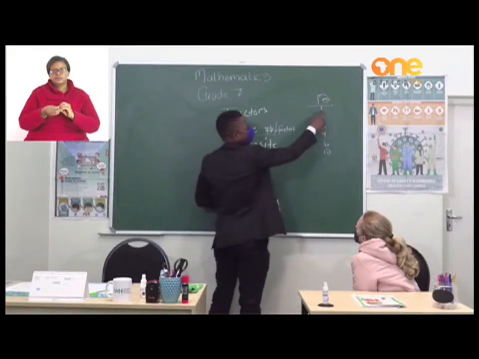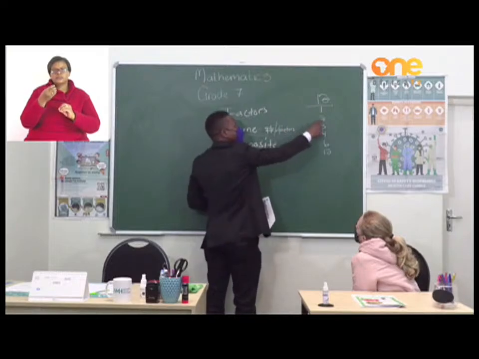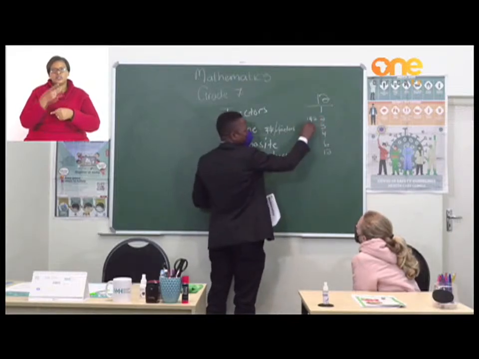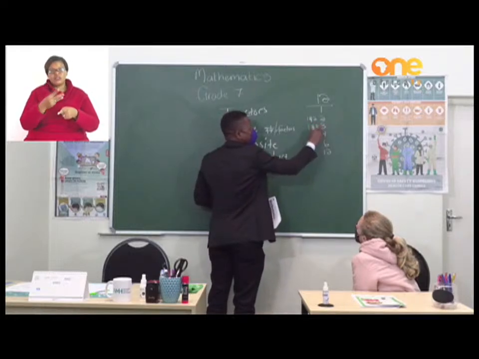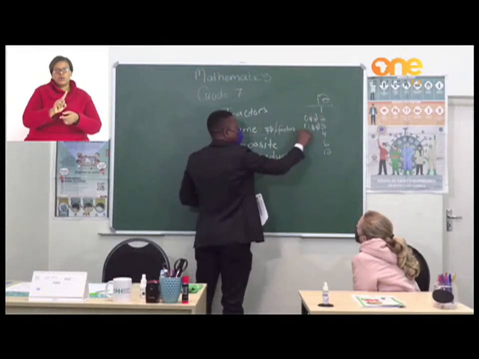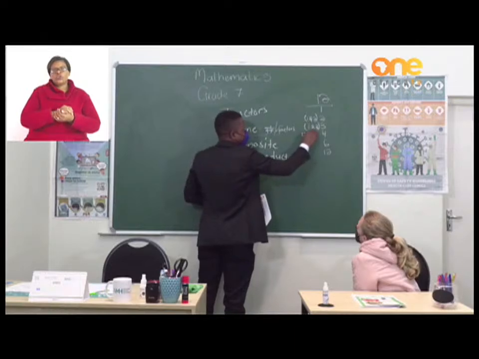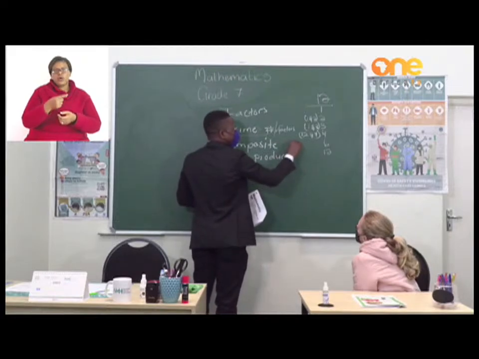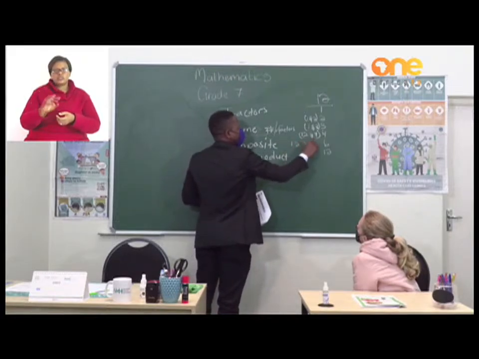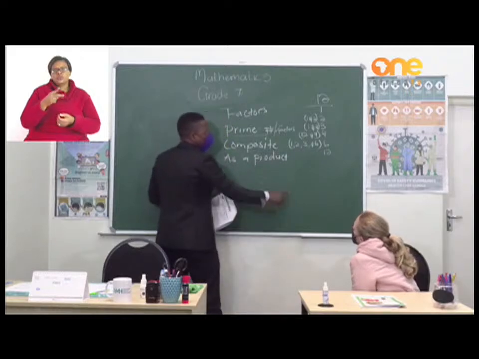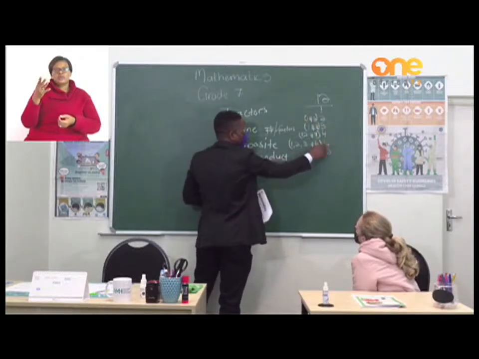Let's look at the factors. 1 has only one factor, which is 1. 2 has two factors, 1 and 2. 3 has 1 and 3. 4 has 1, 2, and 4. 6 has 1, 2, 3, and 6. 12 has 1, 2, 3, 4, 6, and 12.